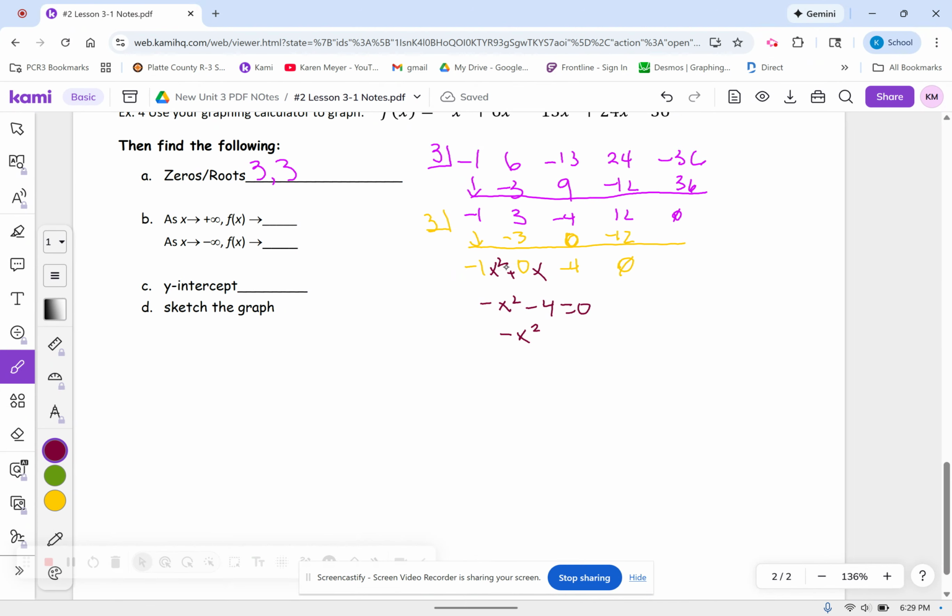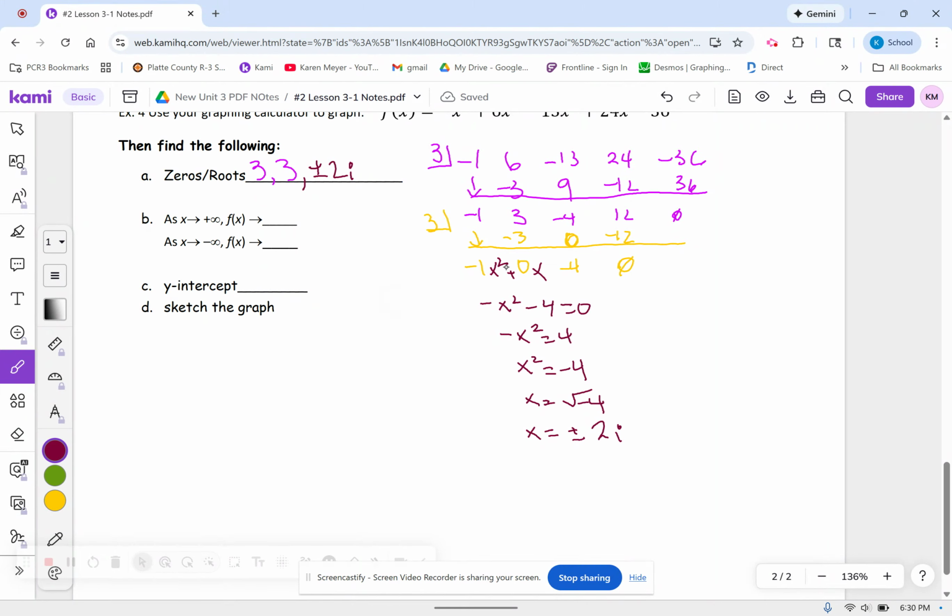Then I'm going to add the 4 over, then divide by negative 1, and then square root it. When I do the square root, I'm going to have plus or minus, and the square root of 4 is 2. Because there's a negative under there, I have to have an i. So my missing ones are plus or minus 2i.